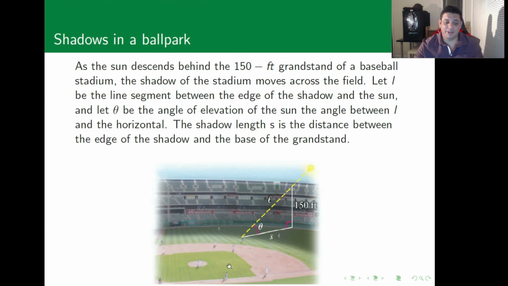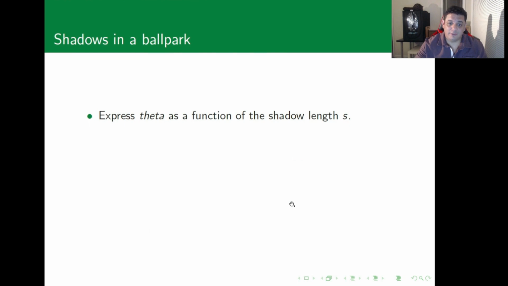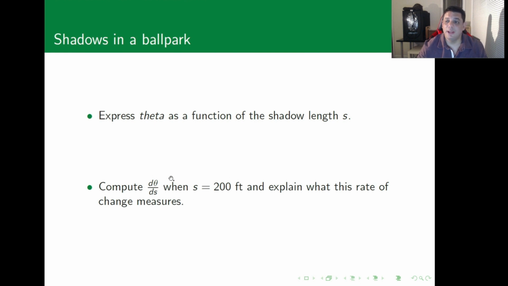That gives me a function with the angle theta in terms of x, and given that I have that function, I can check the variation using the derivative. First we can express theta as a function of the shadow length, and we can compute the variation of theta with respect to x when, let's say, x is equal to 100, and explain what the rate of change means.